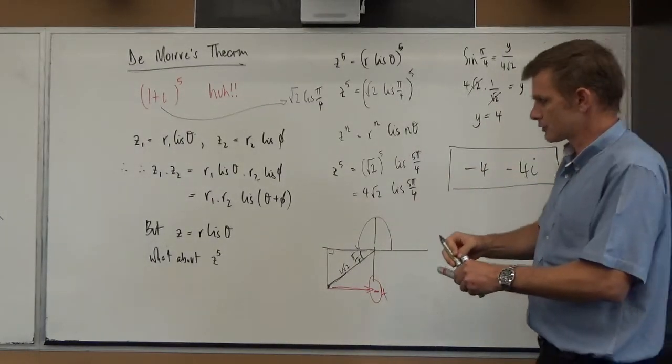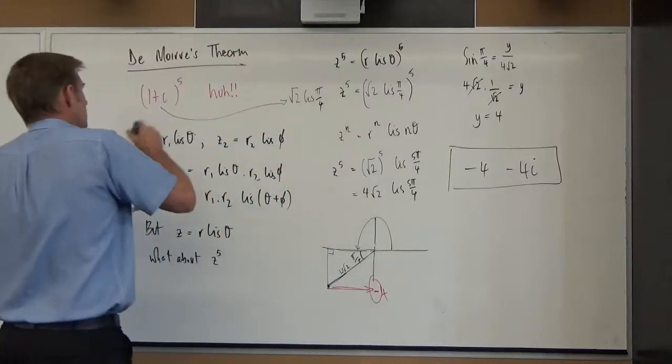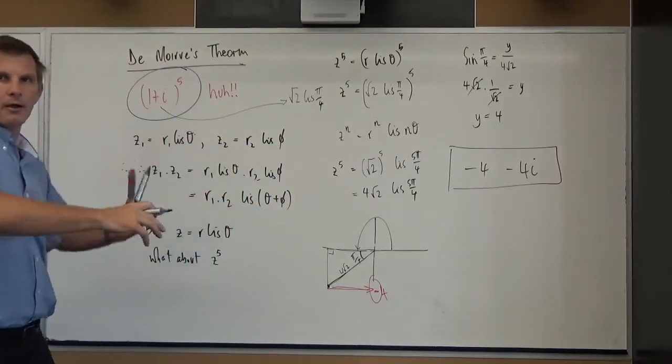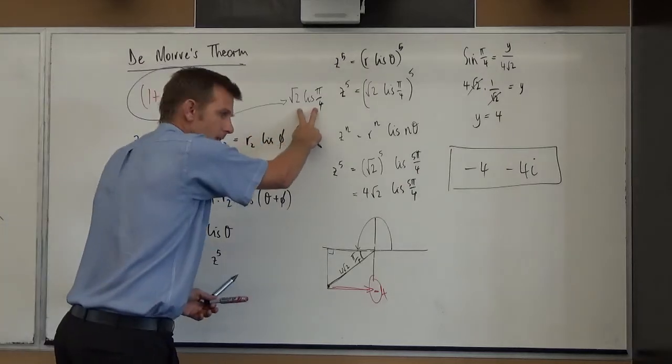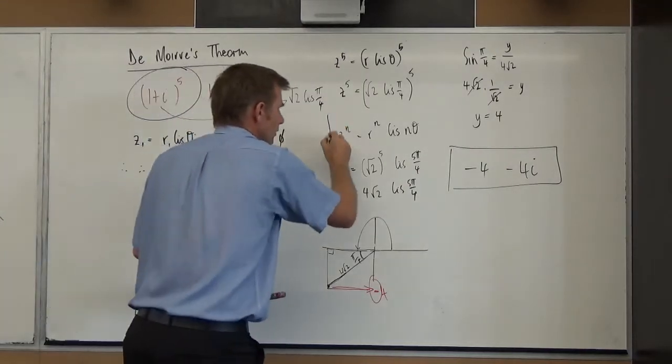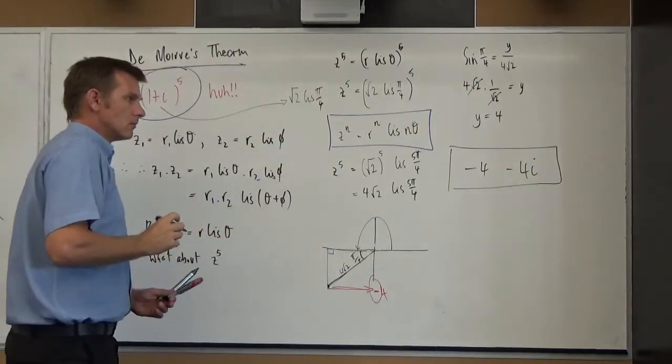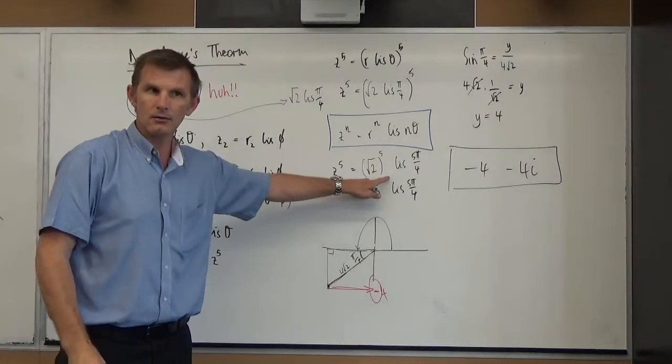So what I've been able to do is take this crazy guy. I don't need to expand it all out. I can change it into cis format, use the idea of DeMoivre's theorem, very quick to get here.